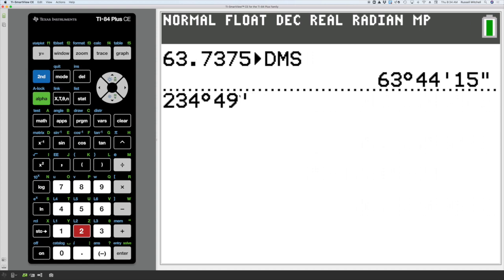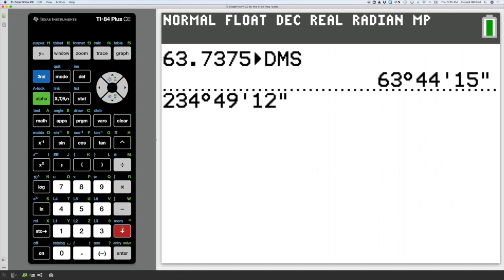So then how many seconds do we have? We have 12 seconds, right? So we're going to type in 12. And then to get the seconds, okay, here it is right here. It's in green, right? Okay, so you know what? On the notes it says second, but really you need to press alpha because it's green right here. Okay, you see me circling it? So we need to press alpha and then the plus sign, and there's our symbol for seconds, okay?